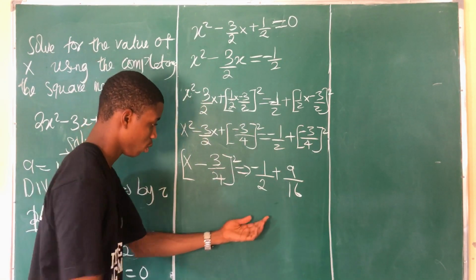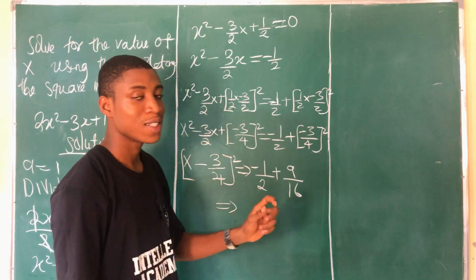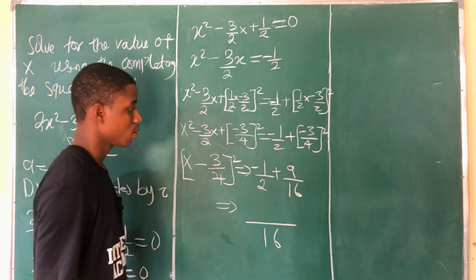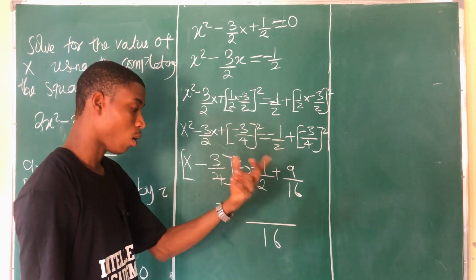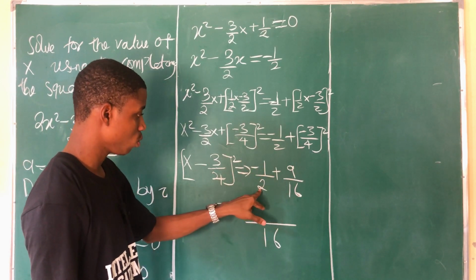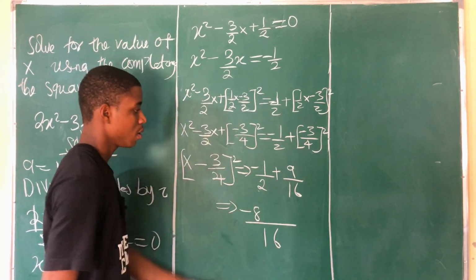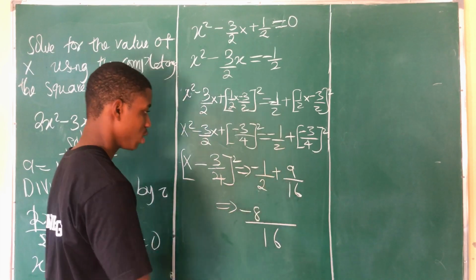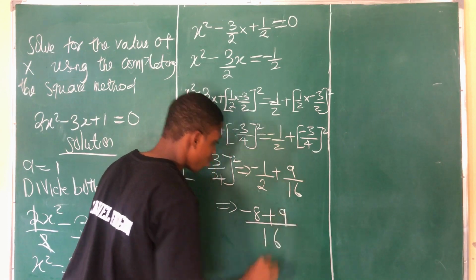The next step is to look for the LCM. The LCM between 2 and 16 is 16. So you have over 16. 16 over 2 is 8, and 8 multiplied by −1 becomes −8. Then 16 divided by 16, the LCM, multiplied by 9, you have plus 9.